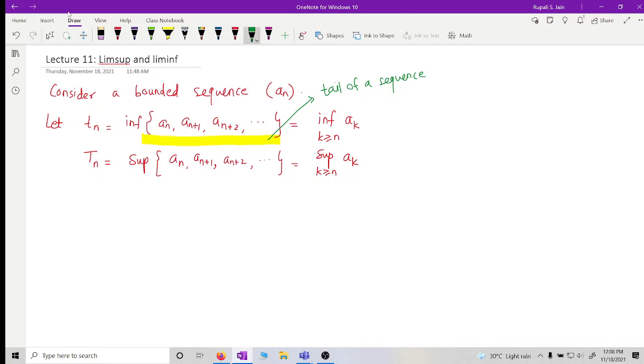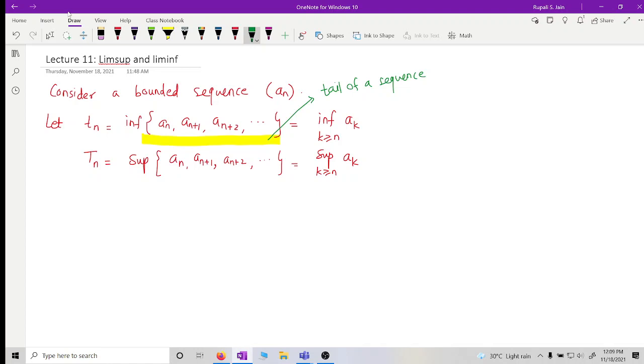And if you take the supremum of the tail, call it capital T_n. So what can you say about small t_n? Is it an increasing sequence or a decreasing sequence? Increasing sequence. t_n will be an increasing sequence.